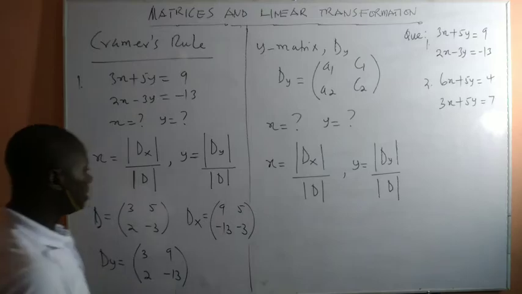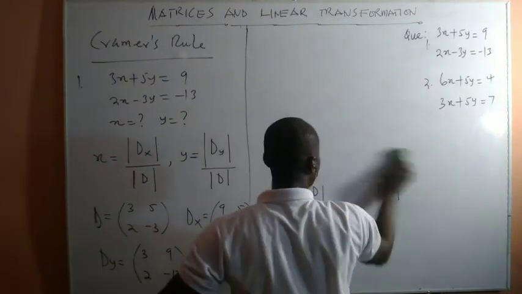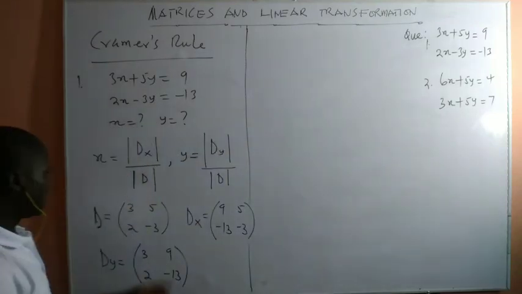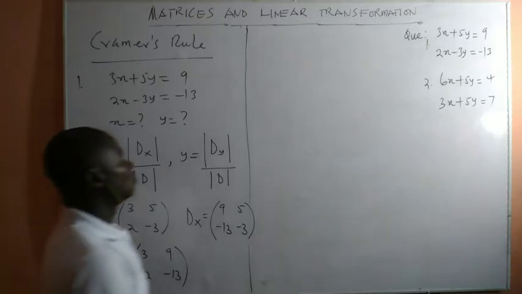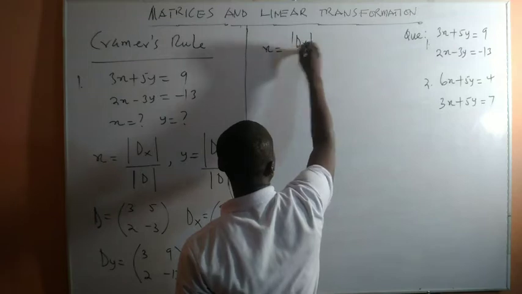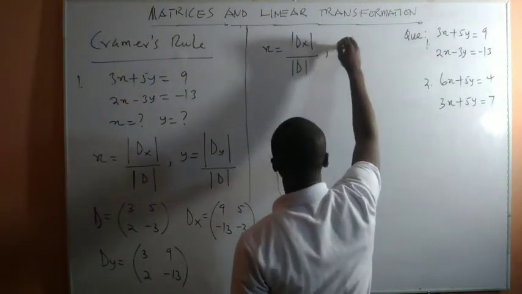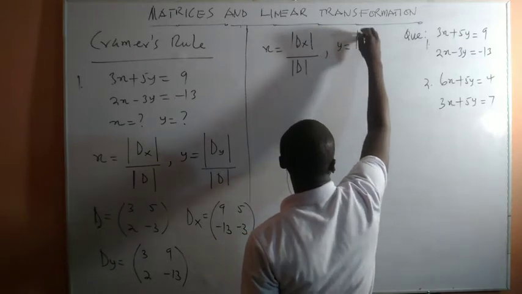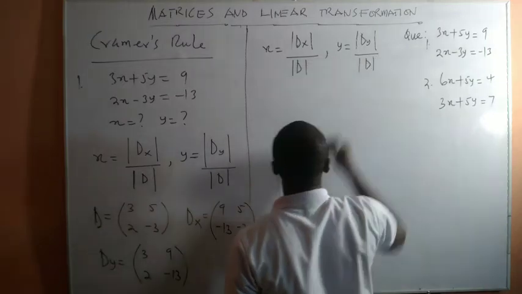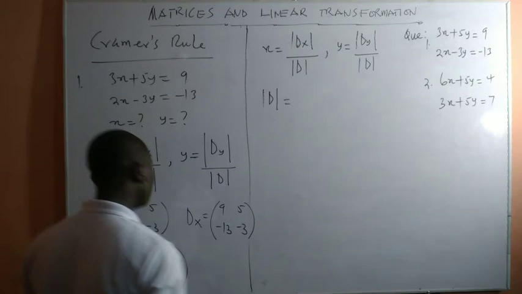So now that we have the three matrices, the coefficient matrix, the x matrix, and the y matrix, if you want to find x, it will be equal to the determinant of the x matrix divided by the determinant of the coefficient matrix, and y will be equal to the determinant of the y matrix divided by the determinant of the coefficient matrix. So now let's find the determinant of the coefficient matrix, and you know how to find a determinant.